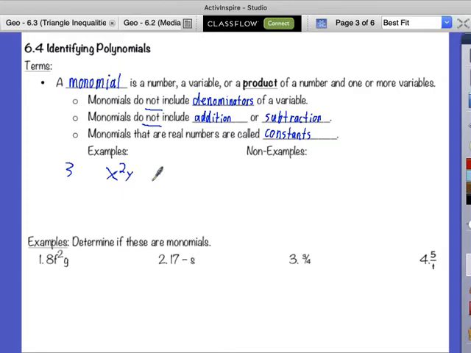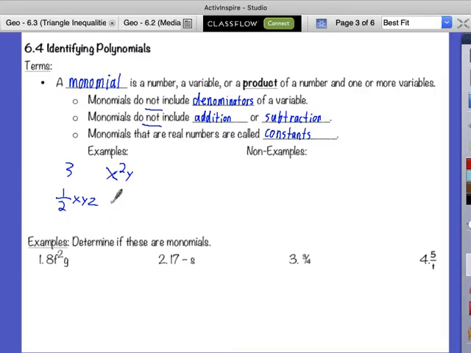Another example could be 1/2 x y z. You might be like, Mr. Gossel, what happened to this little fraction thing? Well, let's read that more carefully. They do not include denominators of a variable. Is there a variable in the bottom? No, it's a normal number.